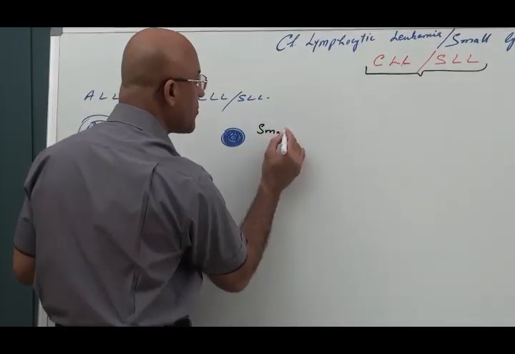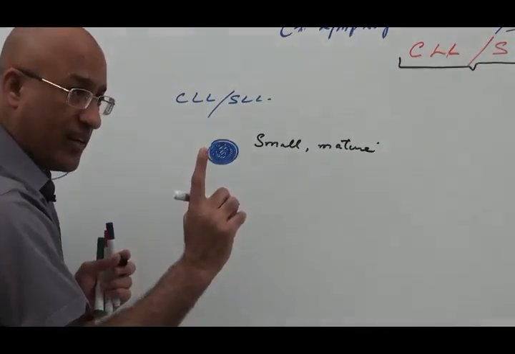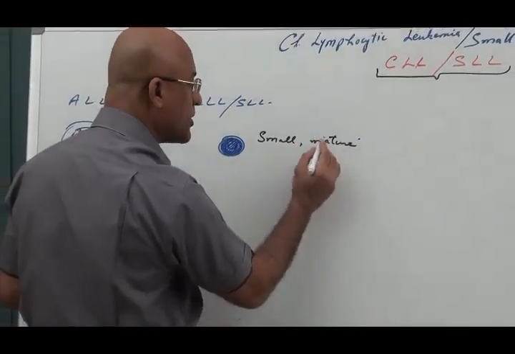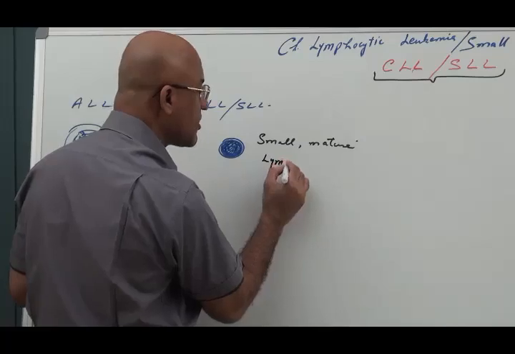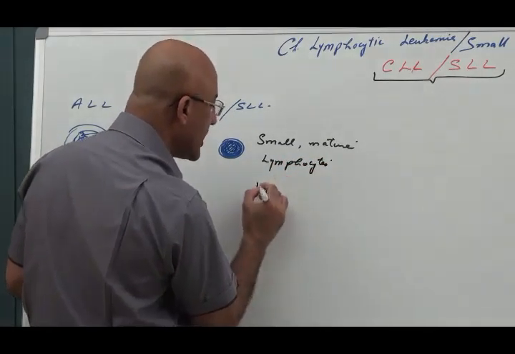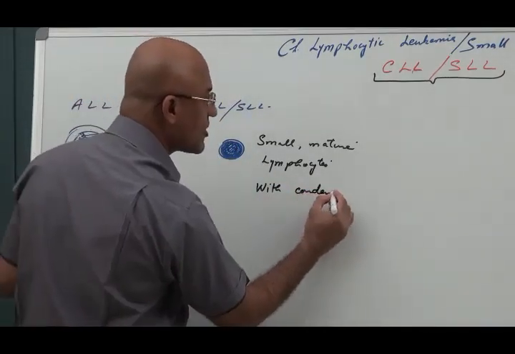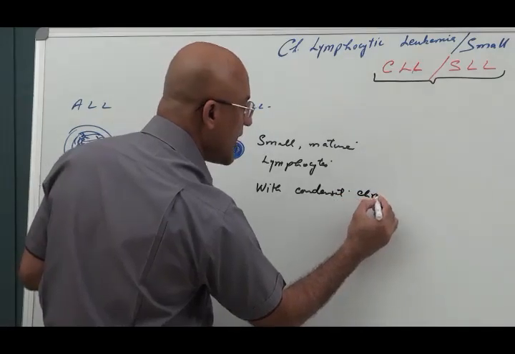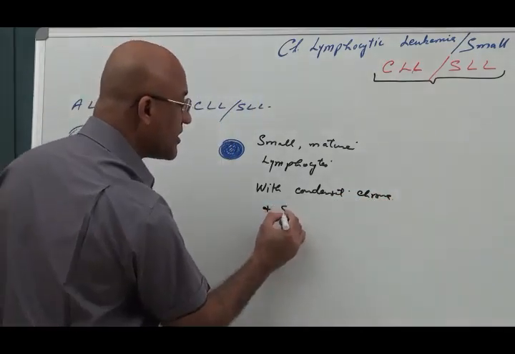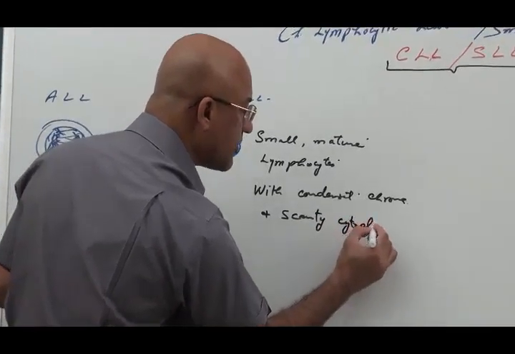These are small, relatively mature looking lymphocytes, with which kind of chromatin? Condensed chromatin and very little, scanty cytoplasm.